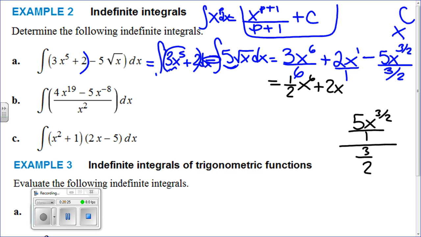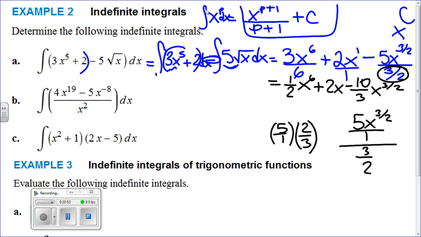Which is the same as multiplying by the reciprocal. So in reality, you're going to have the 5 over 1 multiplied by the reciprocal of 3/2, which is 2/3. And so you will have negative 10 over 3 x to the 3/2.